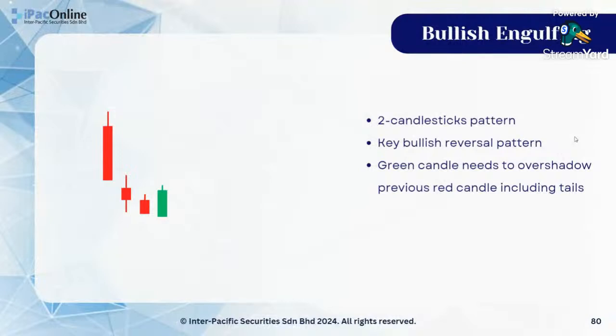The next one will be the bullish engulfing, which I have mentioned just now. It's basically a two-candlestick pattern whereby the green candle's whole body is much larger and overshadows the previous red candle, including the tails. Basically, it's telling me that this bullish engulfing covers all the way.